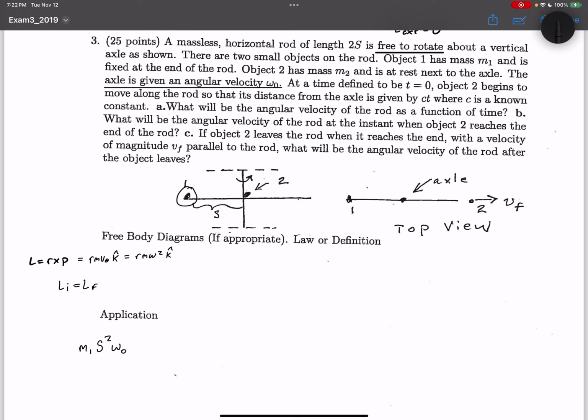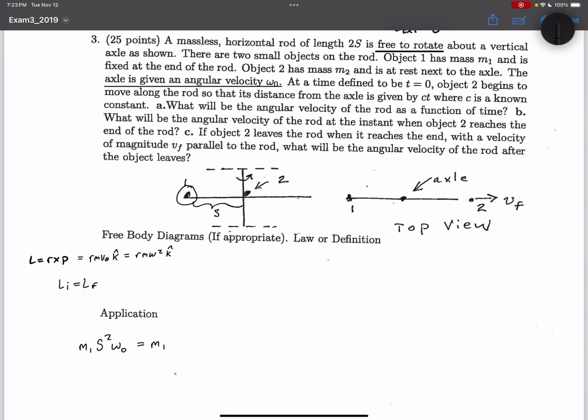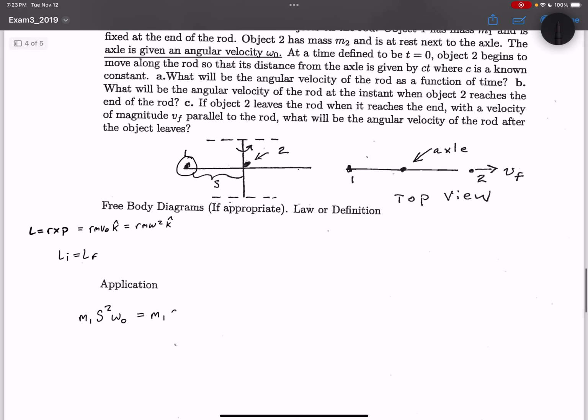Would the second mass have one as well? No, it wouldn't. So then we have mass 1 still a distance s away, but now with a new angular velocity omega, plus m2.